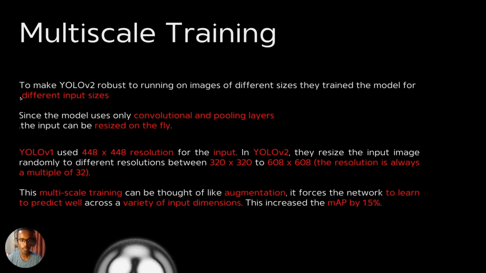And when you use different input sizes, you're going to better detect objects at different levels, because smaller objects can be detected on higher resolutions and larger objects can be detected on lower resolutions.